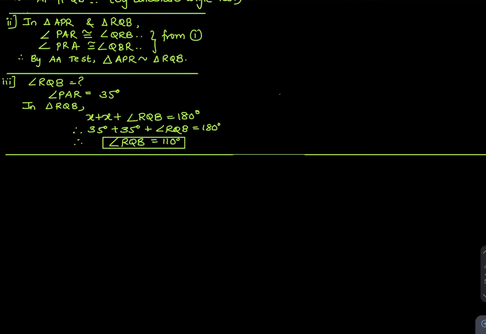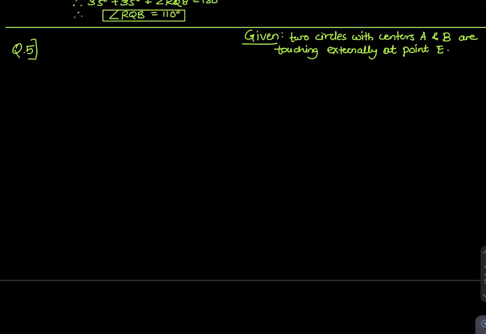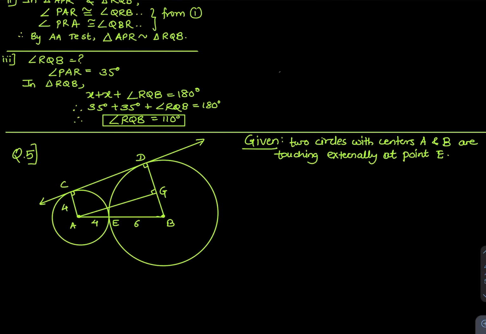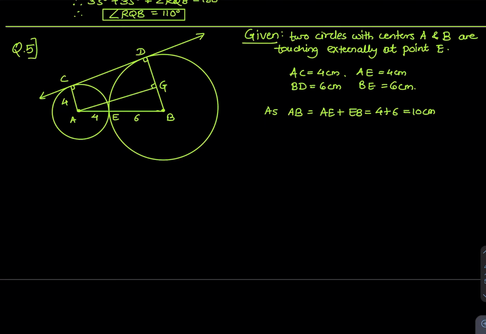So for the fifth question, we will first write the given: two circles with centers A and B are touching externally at point E. Next, here is the diagram with a little construction. Here first write to prove. So the construction is: draw AG perpendicular to this side BD.